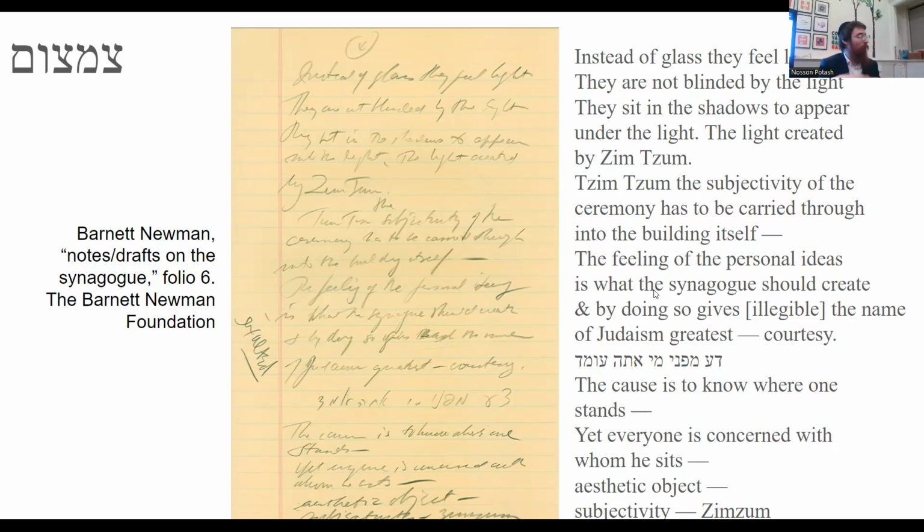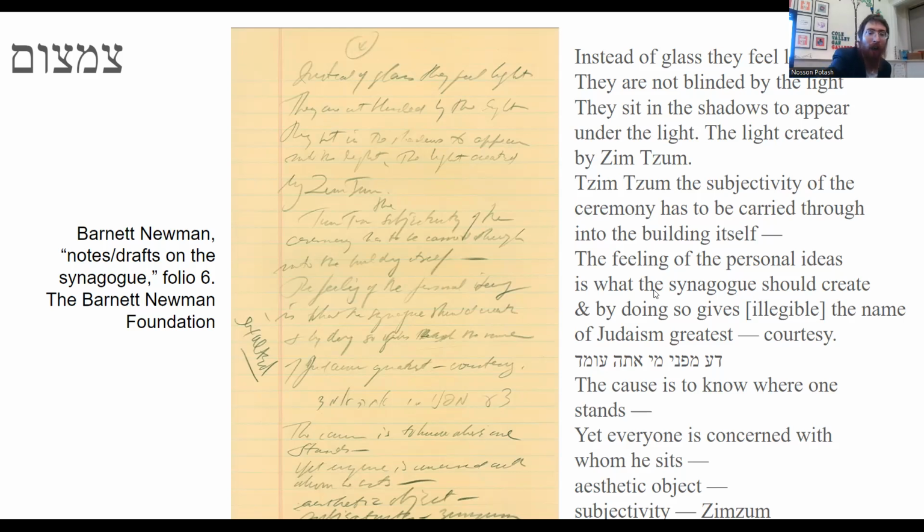And that is Tzimtzum. Tzimtzum is the creation of this special place that is at once suffused with the divine, with the light, with the exaltation of God, and also allows for the presence of a subjective individual who's other than God or other than the artist, who experiences that art, right?